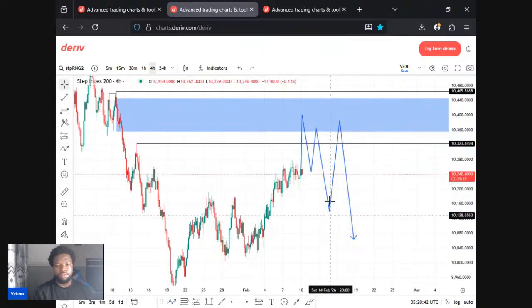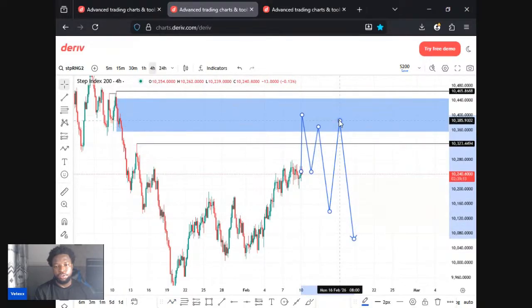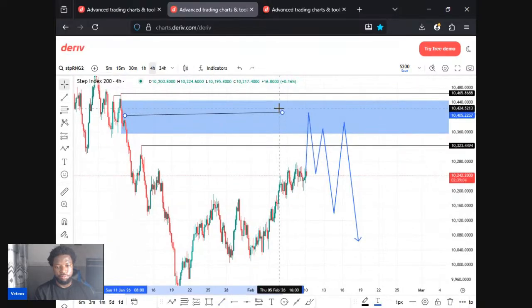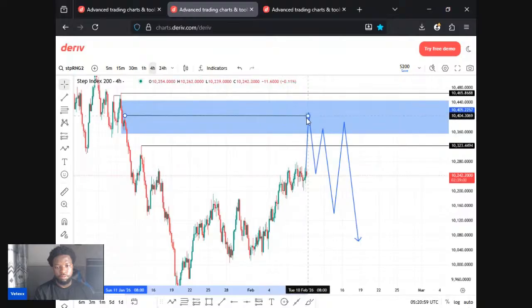Come here, then we can sell. So this is what we're anticipating. If price taps into this point of interest, we're anticipating a sell continuation. Okay, so price will also give us this.